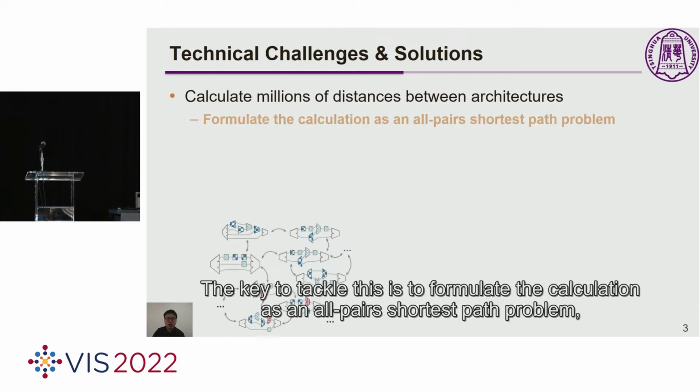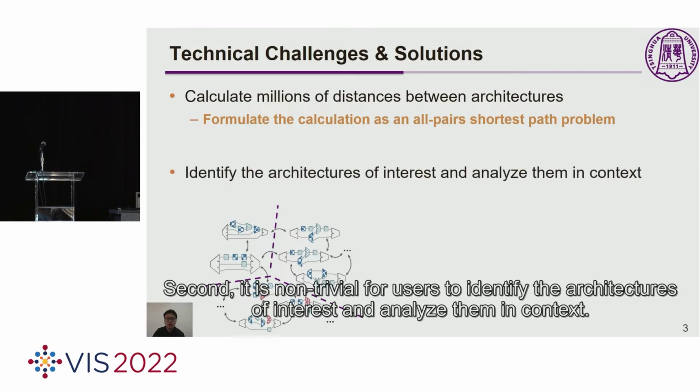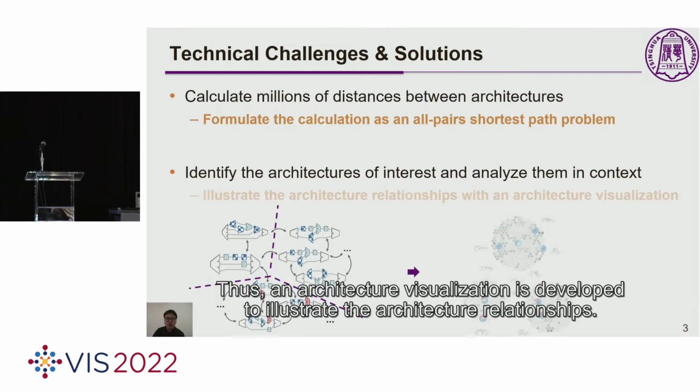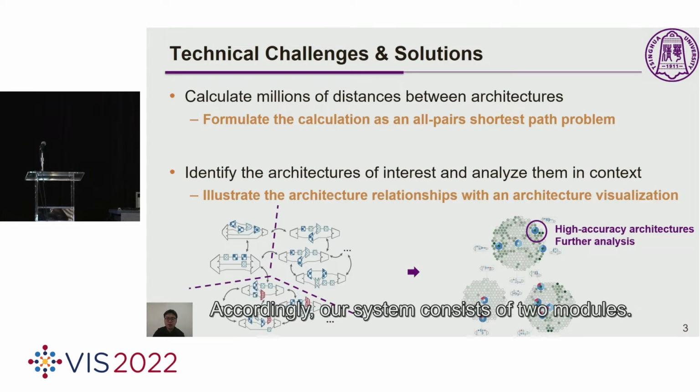The key to tackle this is to formulate the calculation as an all-pairs shortest path problem and leverage existing acceleration algorithms. Second, it is non-trivial for users to identify the architectures of interest and analyze them in context. Thus, an architectural visualization is developed to illustrate the architectural relationships.